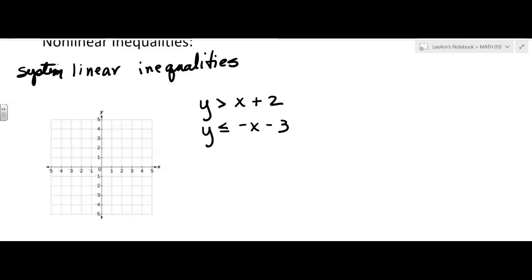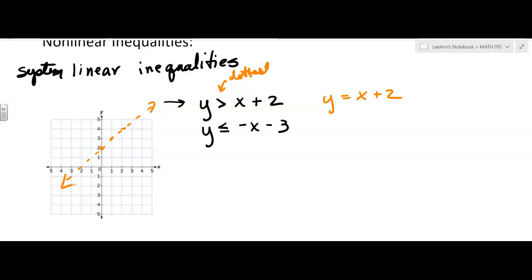On the first one, remember we graphed it as a line. We said, what is y equals x plus 2? How do we graph that? The y-intercept is 2, the slope is 1. It's a dotted, or dashed, line, and we drew it something like that.